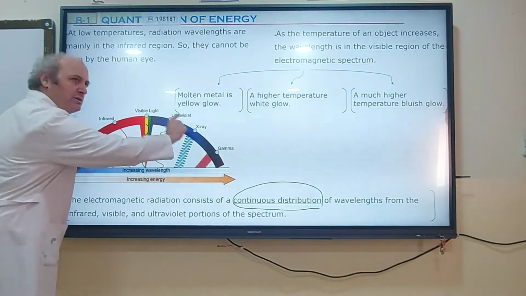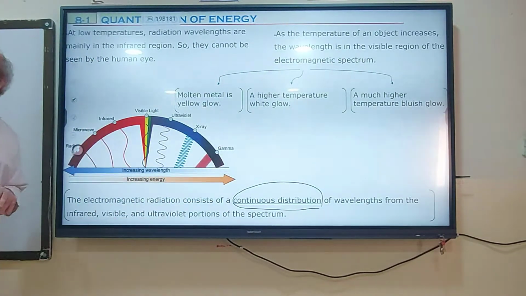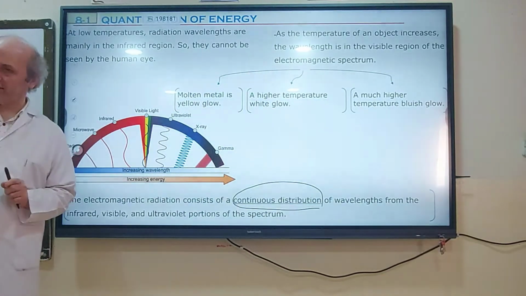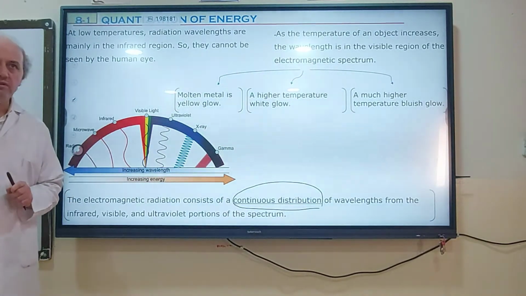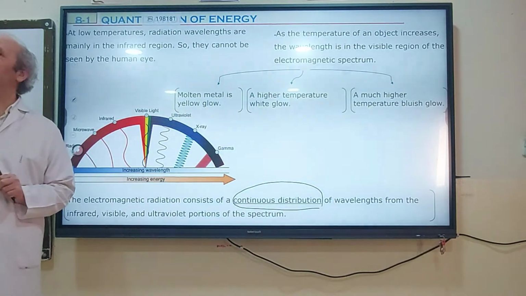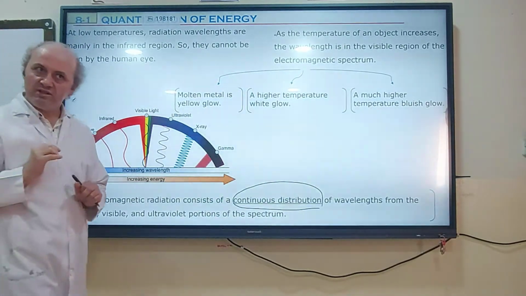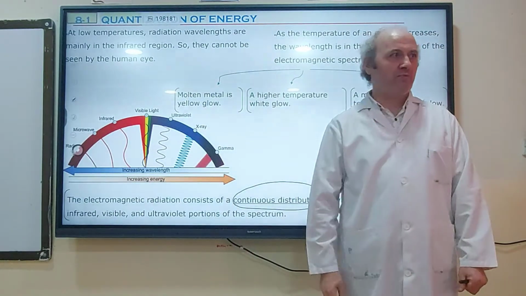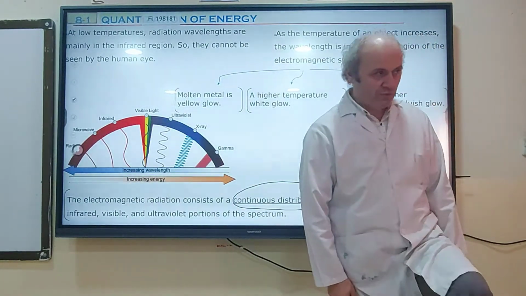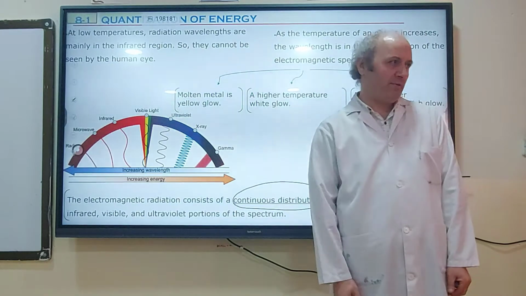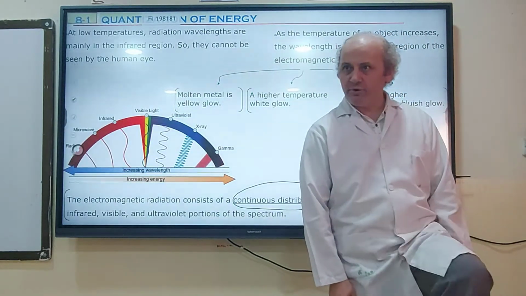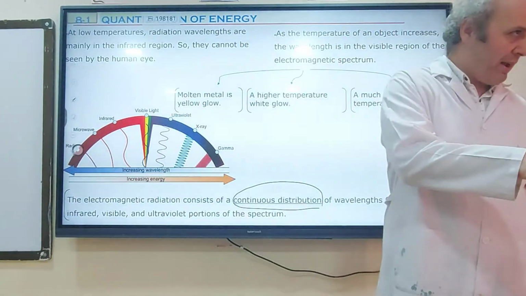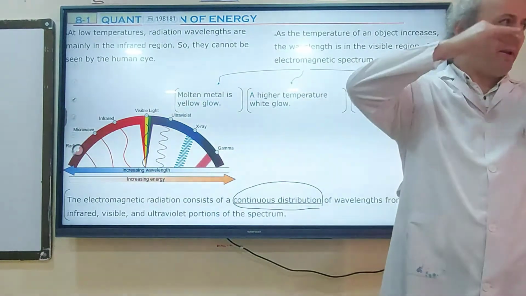So it's continuous. In this chapter, we are going to learn two new terms. One of them is continuous, the other one is discrete. Discrete is just like steps. When you are walking, you push your left foot on one step, then the other foot on the next step, so you are stepping up.